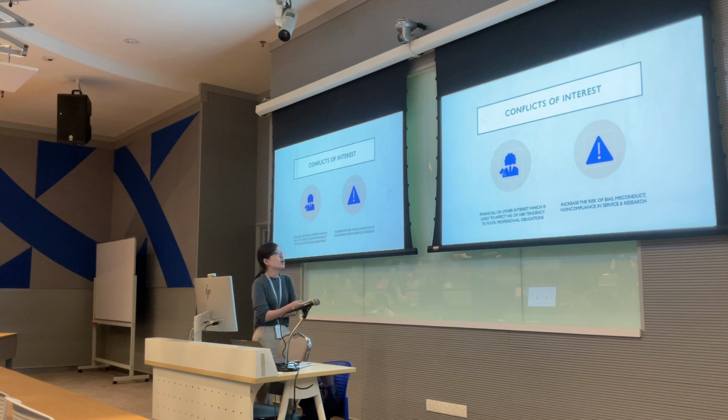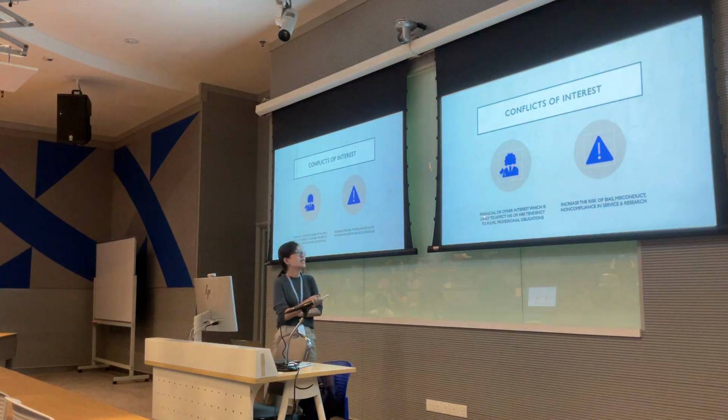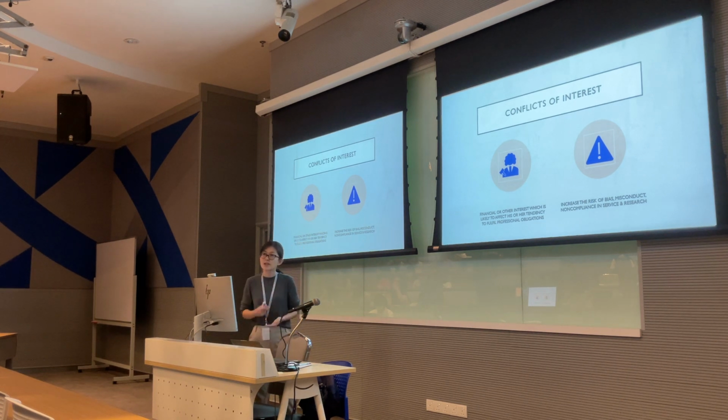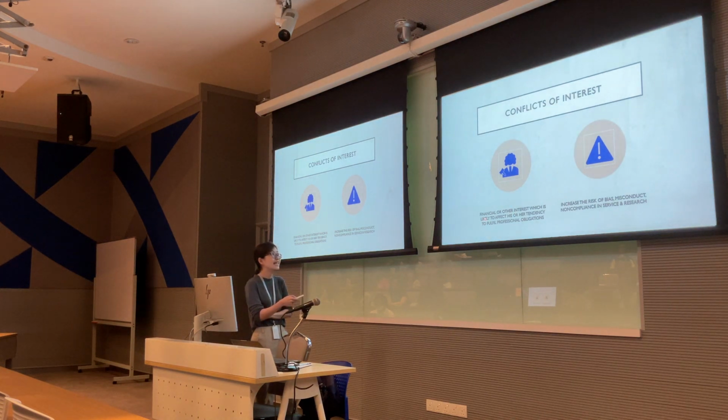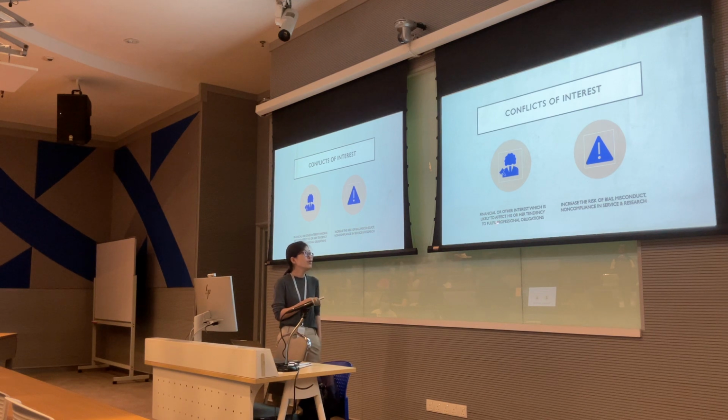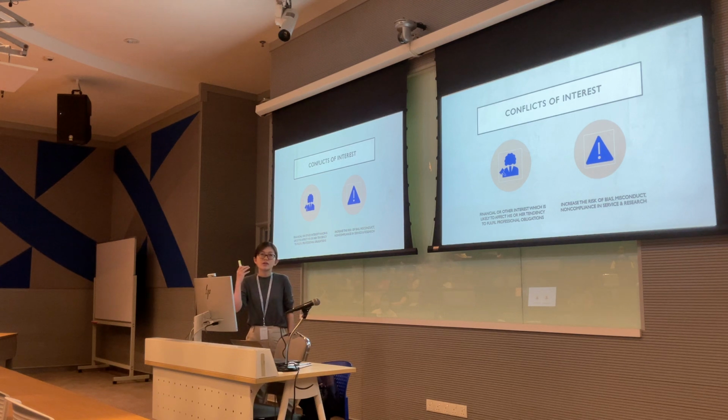So conflict of interest is a financial or other interest. It can be financial, some advantage, some benefit given to you, or some other interest which is likely to affect a person's tendency to fulfill his professional obligation. So there will be some misconduct due to the conflict of interest. That's why you have to declare.